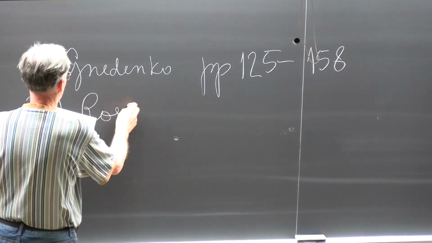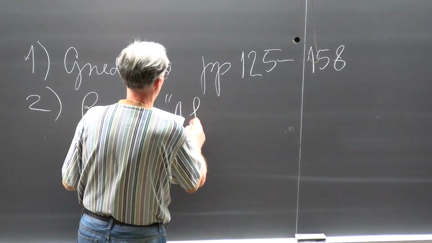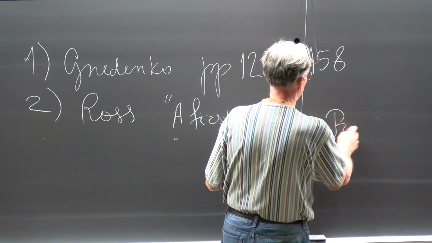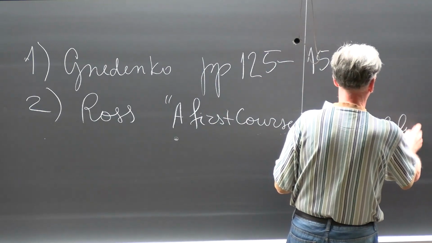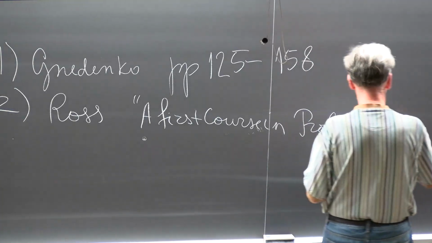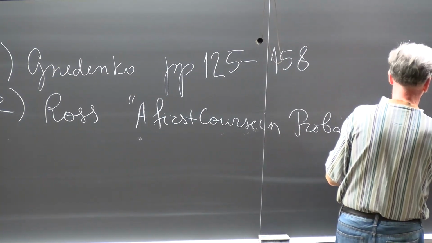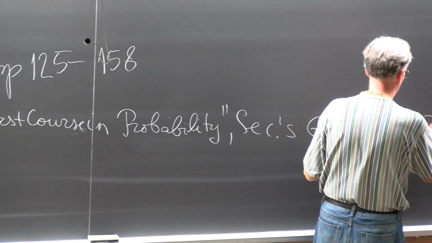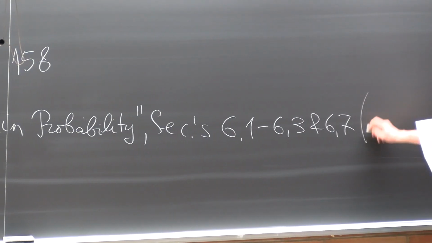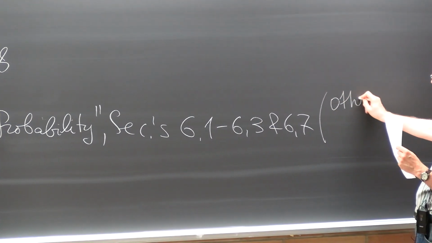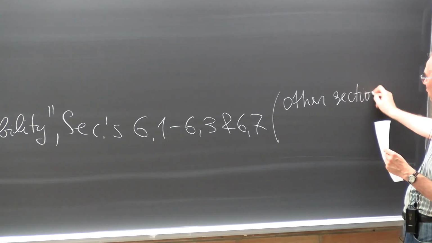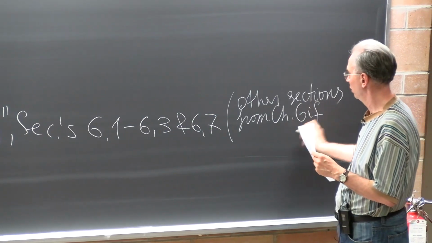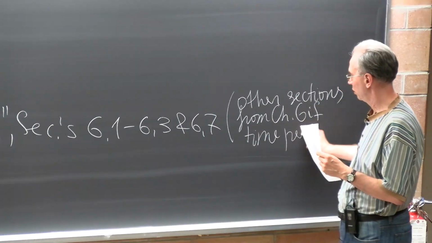Also Ross, A First Course in Probability: sections 6.1 through 6.3 and 6.7, and other sections from chapter 6 if time permits.